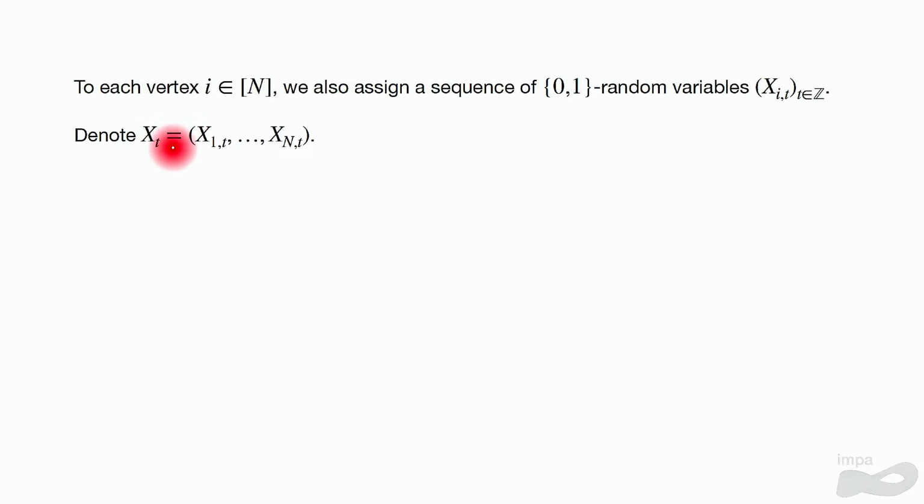And if I look at time t, and I want to keep track of all the configurations of the random variables x_i(t) over the vertices, I'm going to use the notation x_t, okay?